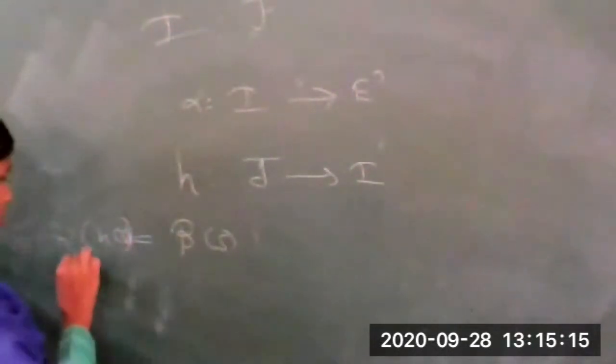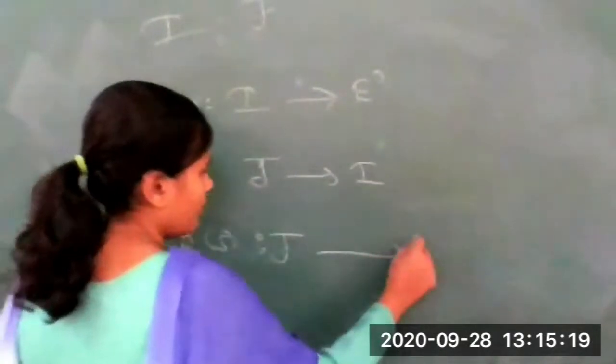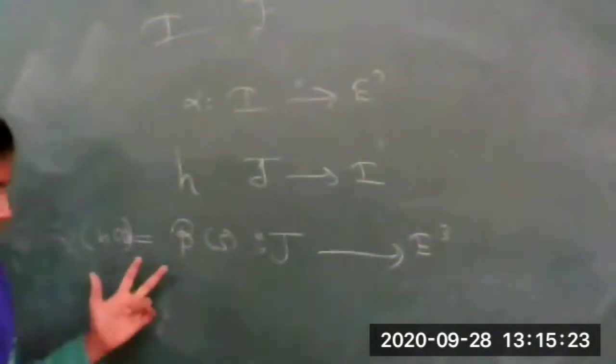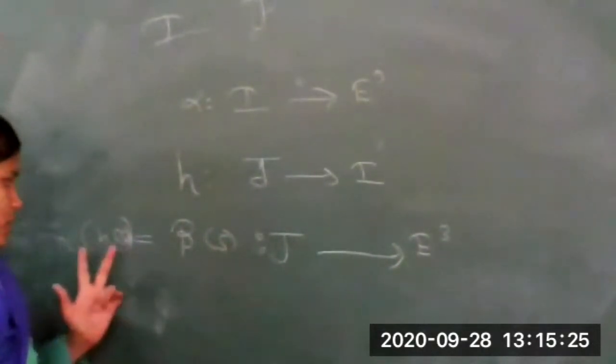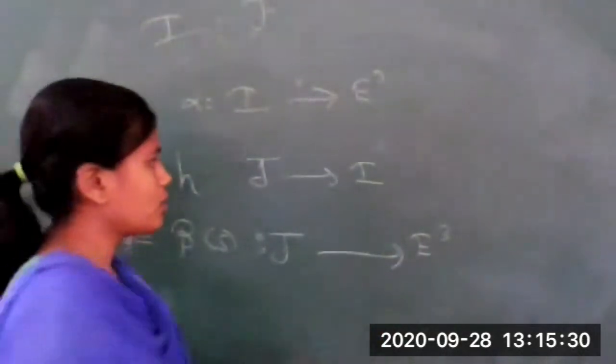It is nothing but alpha of h of s. So what will be the composition of alpha and h? What should be the domain and codomain? It will be from J to E3. Correct? Beta of s is a new function which is a composition of alpha and h. It will be a function from J to E3.